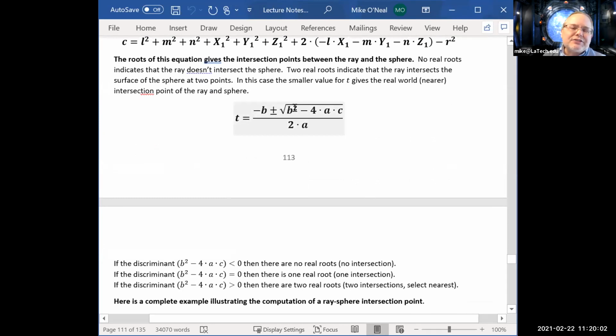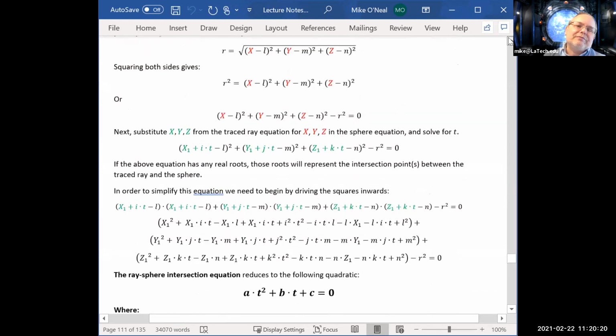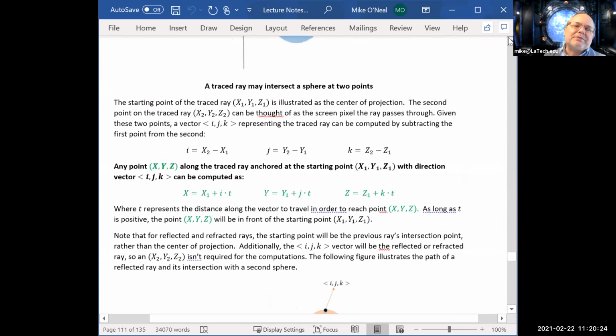Again, if this discriminant is negative, if b squared minus 4ac is less than 0, then because there's a square root of that, there are no real roots. That means that you're in this case. There is no t. Just think about it. Let's go back up to the picture.